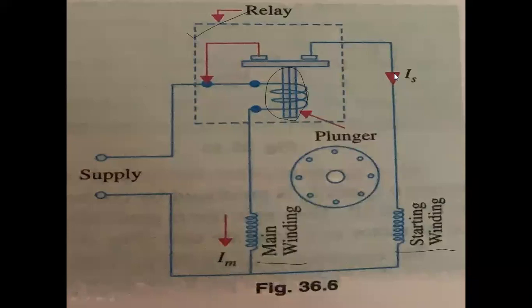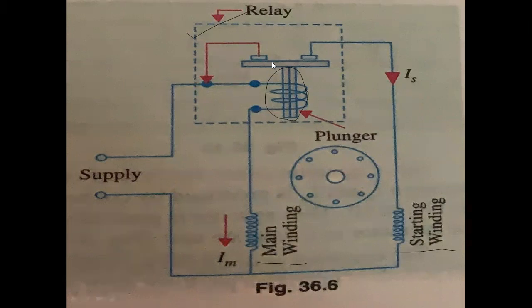So after the motor speeds up to 75 to 80% of the full load speed, then IM will drop to a value that is low enough to cause the contacts to open. At that time the IM will be very low, because only at starting the current will be high.